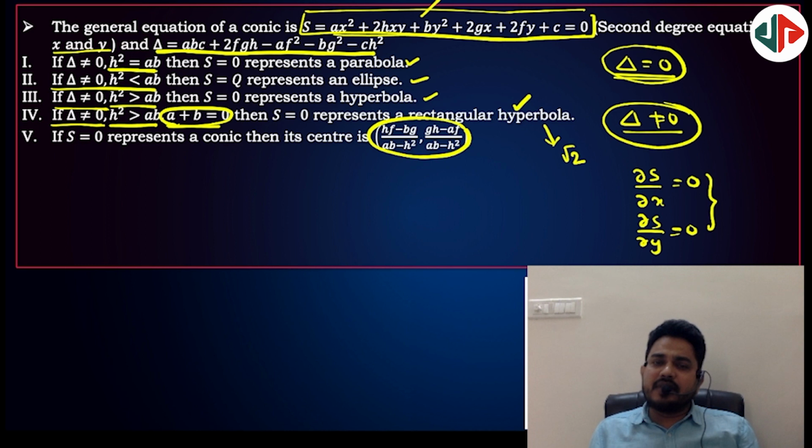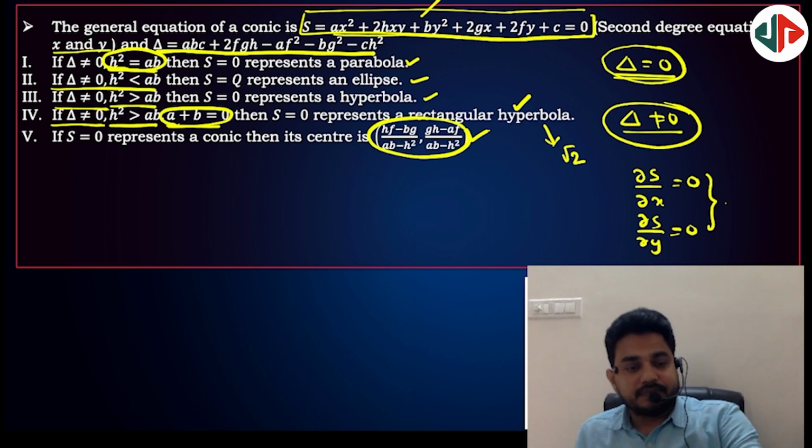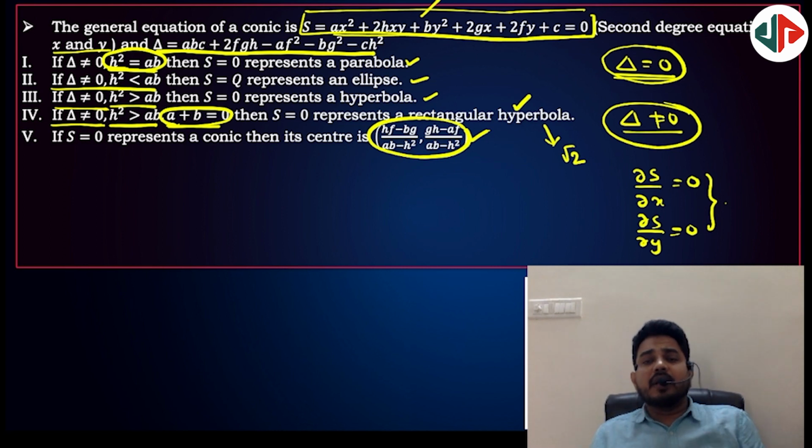You solve these two and you get this. If ab is equal to h square, as for a parabola, the denominator goes to 0. So for a parabola there is no center.